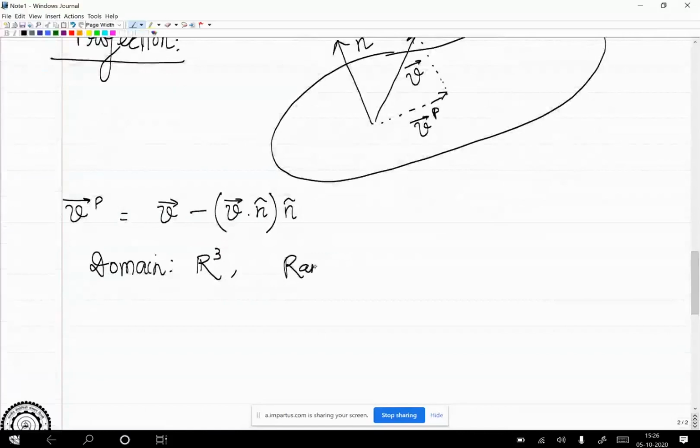And what is the range? What is the outcome? That's the range of a function, isn't it? So the range is just the plane, right? Because all vectors are getting slammed onto this plane, which is just an R2.